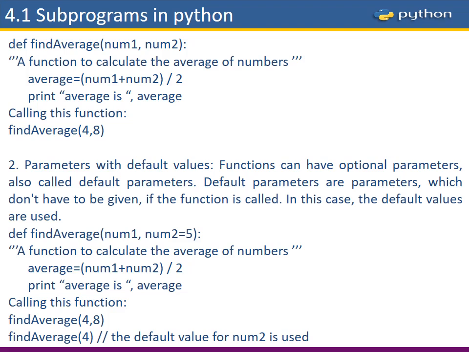So we call the function, find_average for 4 and 8. By the time you call the function, you supply the values for number 1 and number 2, which are 4 and 8.